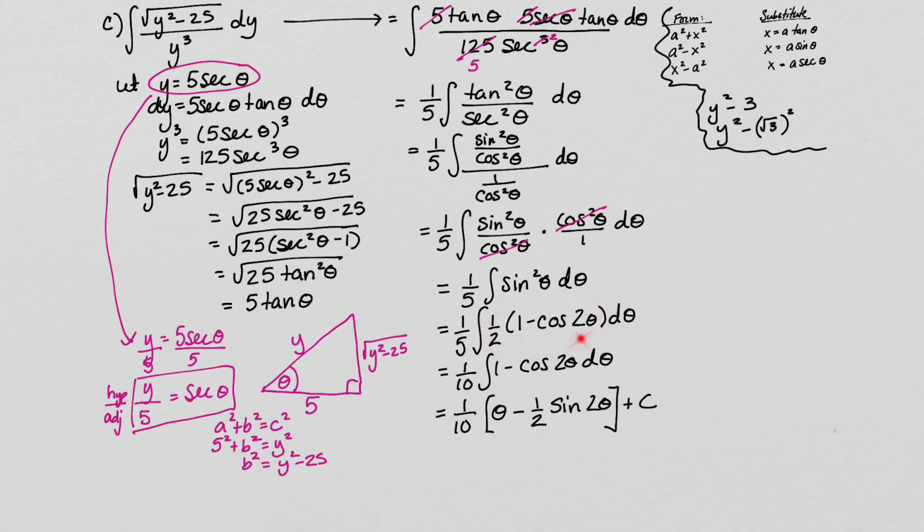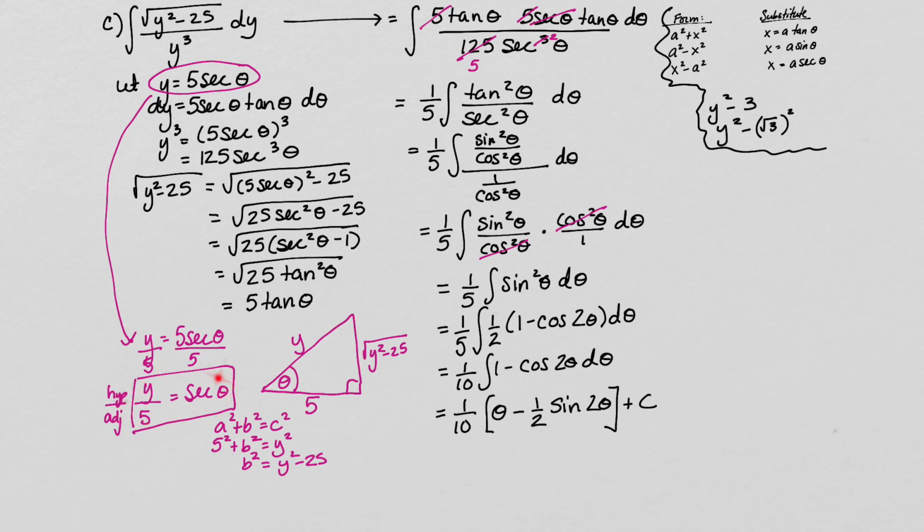This 1/2 times 1 minus cosine of 2 theta is the half angle identity, so that's what we were doing last class. Sine squared theta is equal to 1/2 times 1 minus cosine of 2 theta, and that identity is on the sheet that I posted last class. No problem. Any other questions?